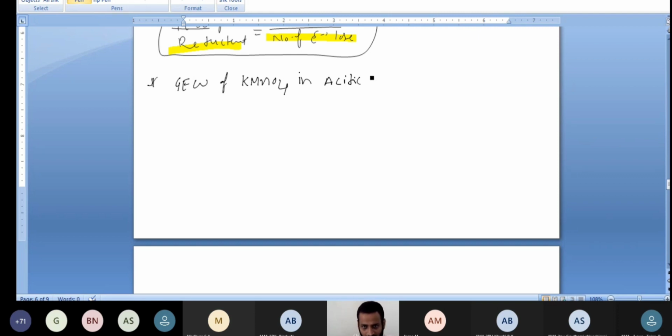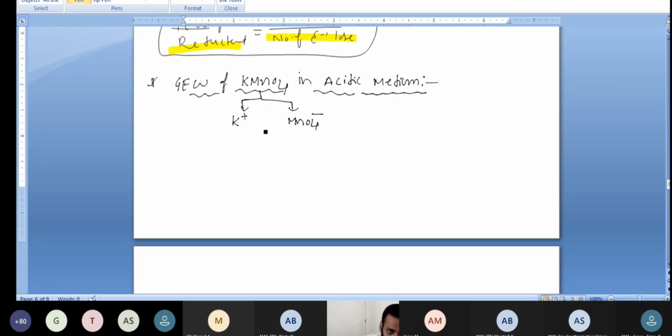So first we will discuss the gram equivalent weight of KMnO4 in acidic medium. First, what happens to this KMnO4? I'll write it like this. No change in oxidation state of K+. Why? I told you already, K+ is an alkali metal.